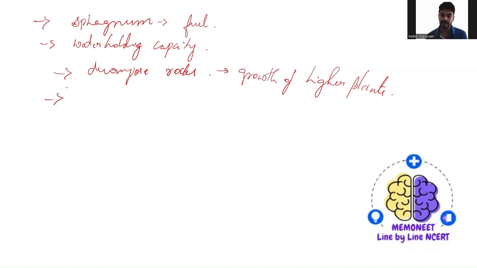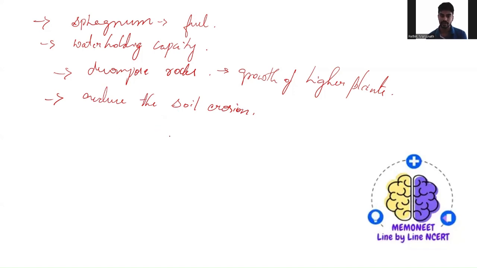That is another economic importance. And since mosses form a dense mat on the surface, they also reduce the impact of soil erosion, or prevent it. So this is all about the bryophytes.